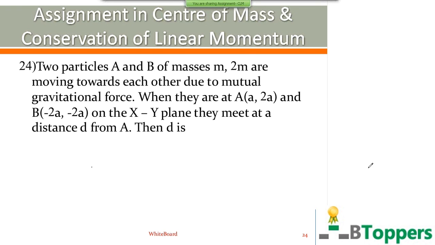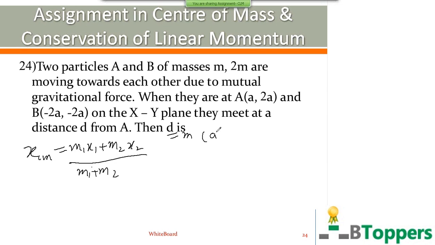So the x coordinate of the center of mass of the system of the two particles is equal to m1 x1 plus m2 x2 by m1 plus m2. Here m1 equals m, x1 equals a, m2 is 2m, x2 is minus 2a.